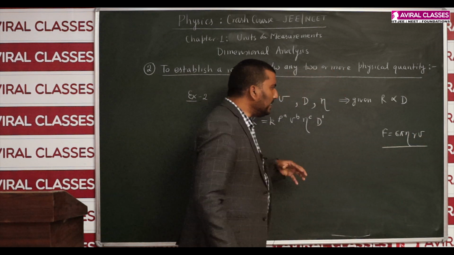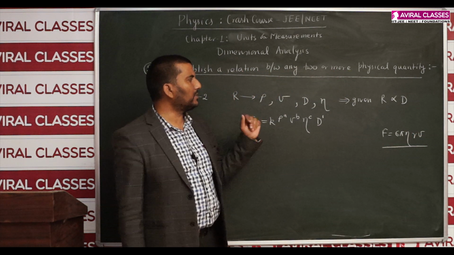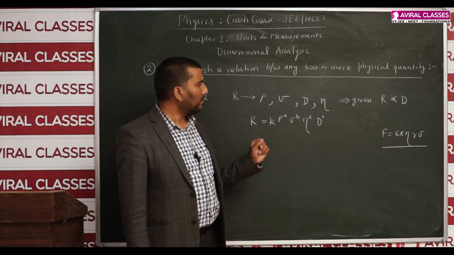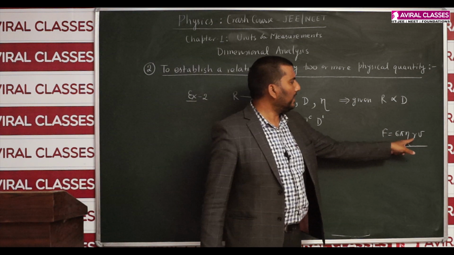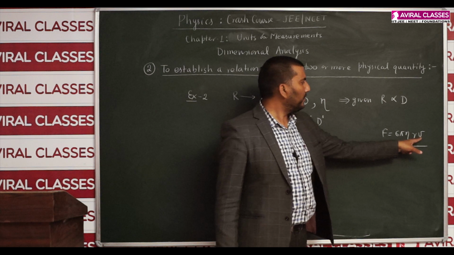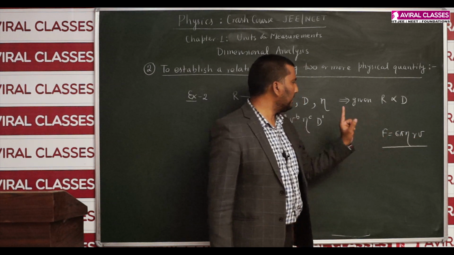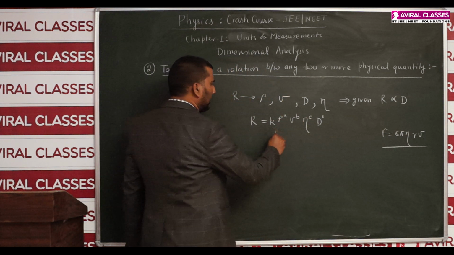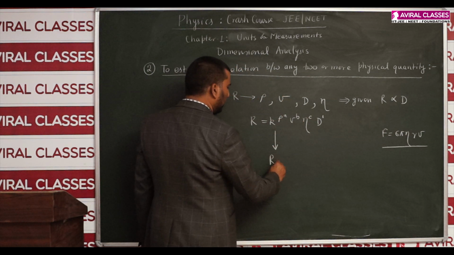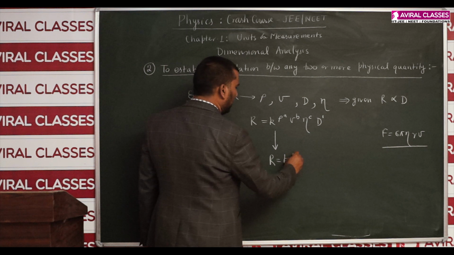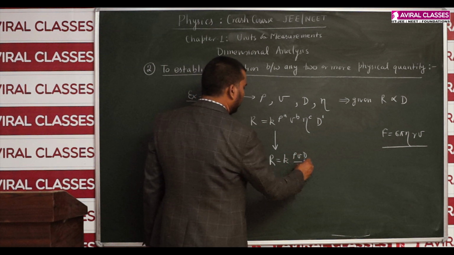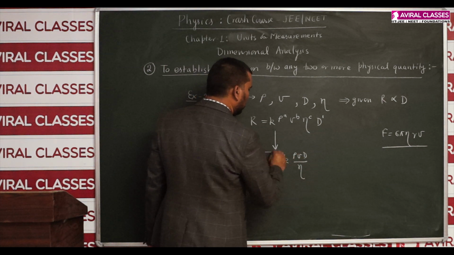Sometimes these can help you in this dimensional analysis. By this way you can get eta, because r is length, radius, v is velocity, and F is force. You may get eta, and if you solve this relation, you will get it is k rho vd upon eta.